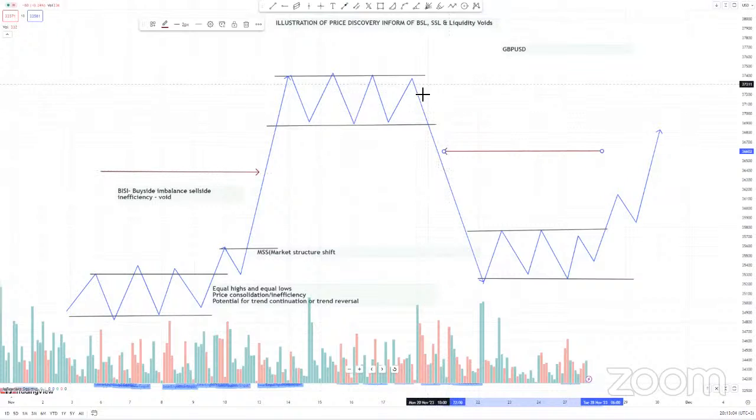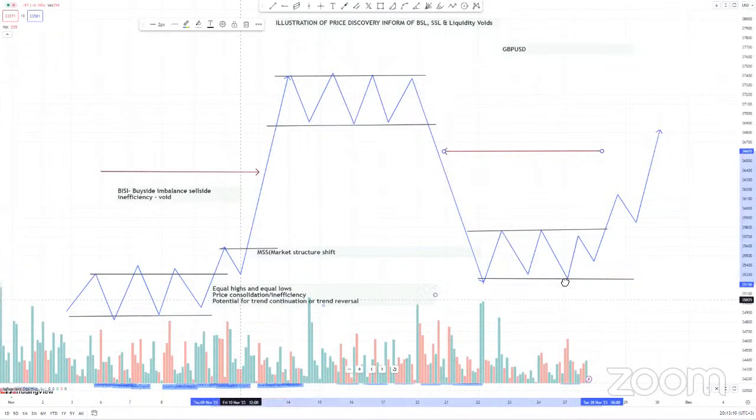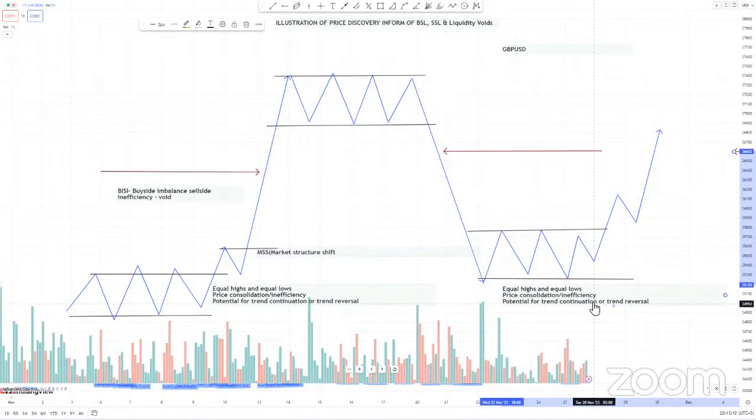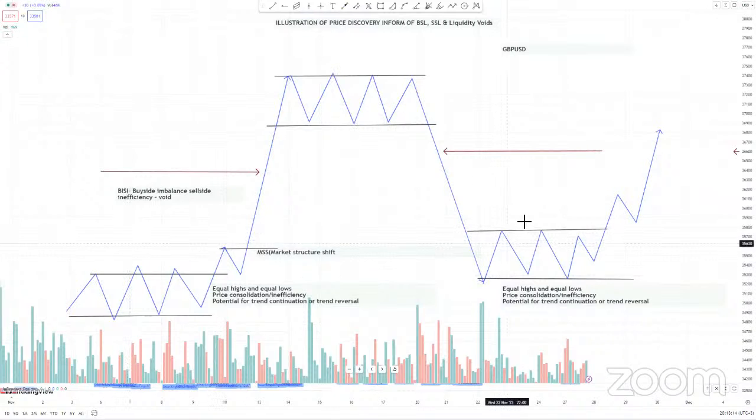You can see how the market sold into the void, and of course it went into the same kind of range that it had when it was trading at this stage here. So when we are looking for trades here, ideally our focus will be to look for trades within that pause in price.